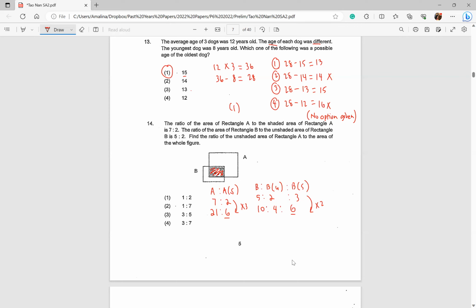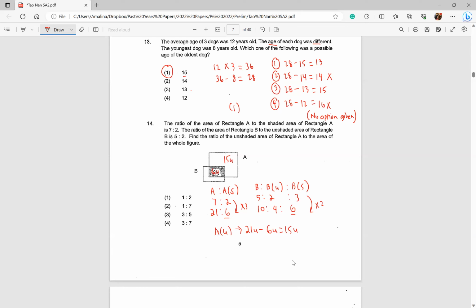But you want to find the ratio of the unshaded area of rectangle A. So if I want to find the unshaded for A, I must subtract 21 units minus 6 units. So the unshaded area for A is 15 units. Your shaded is 6 units.